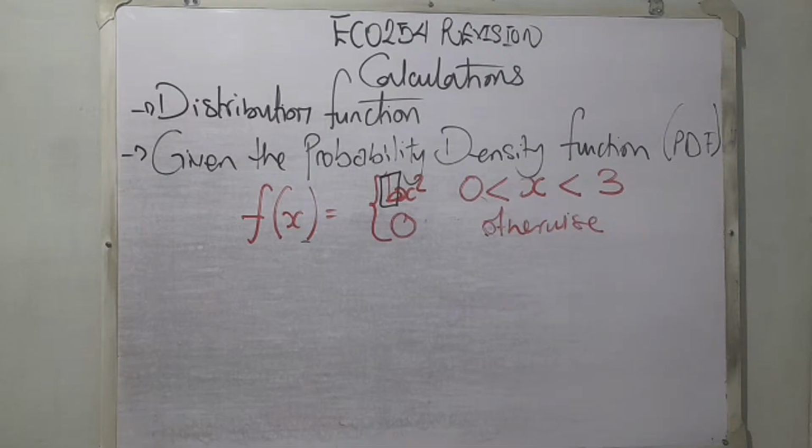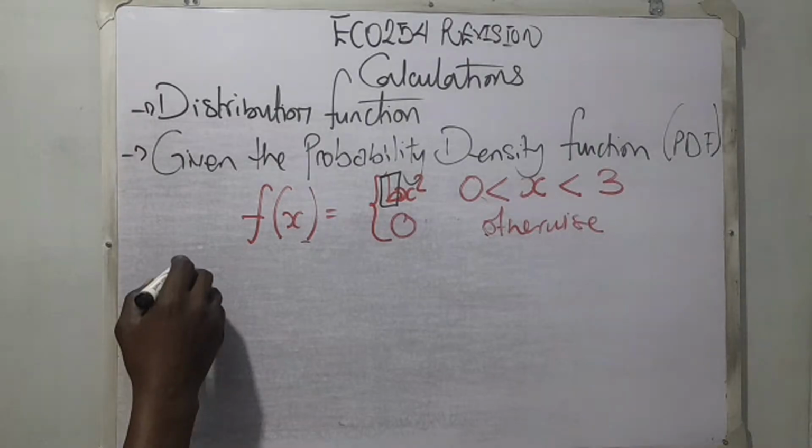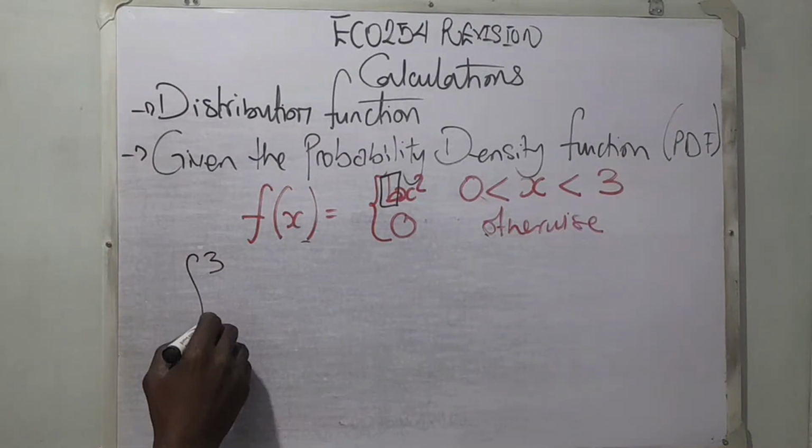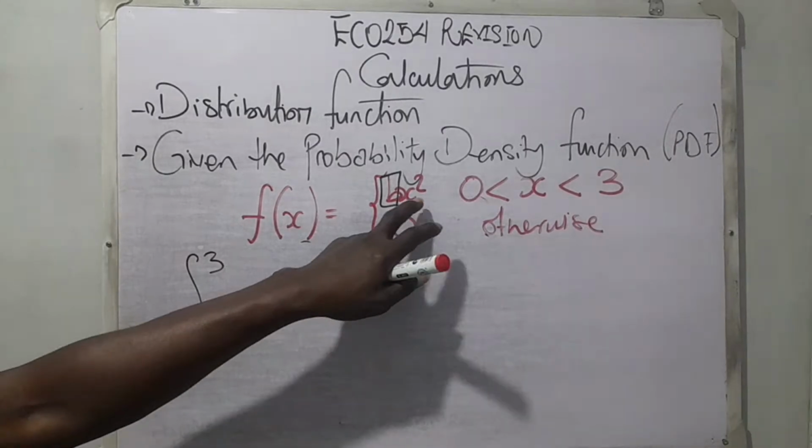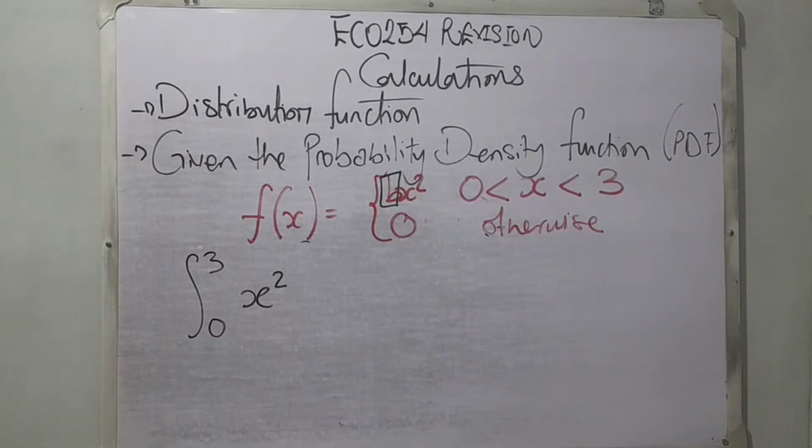What do we do? The function, 3 and 0, all right? Remember, we have our x raised to the power of 2, all right?